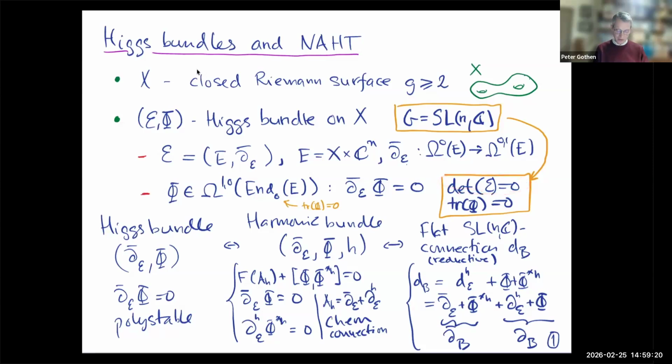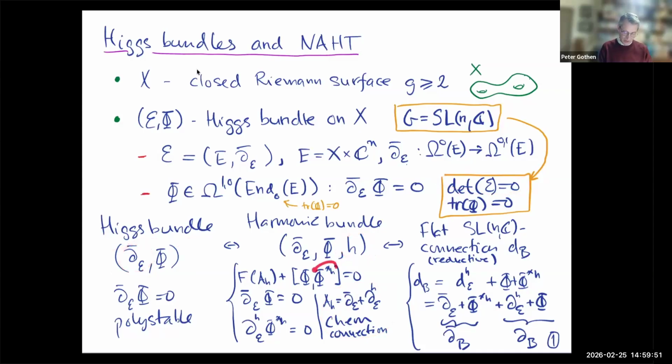Okay, and the non-abelian Hodge theorem tells us that if we have a polystable Higgs bundle, then we can find this harmonic metric on it. And what is a harmonic metric? Well, it's one which allows us out of the Higgs bundle data to build something more. So we can take the Chern connection given by the metric and the d-bar operator.